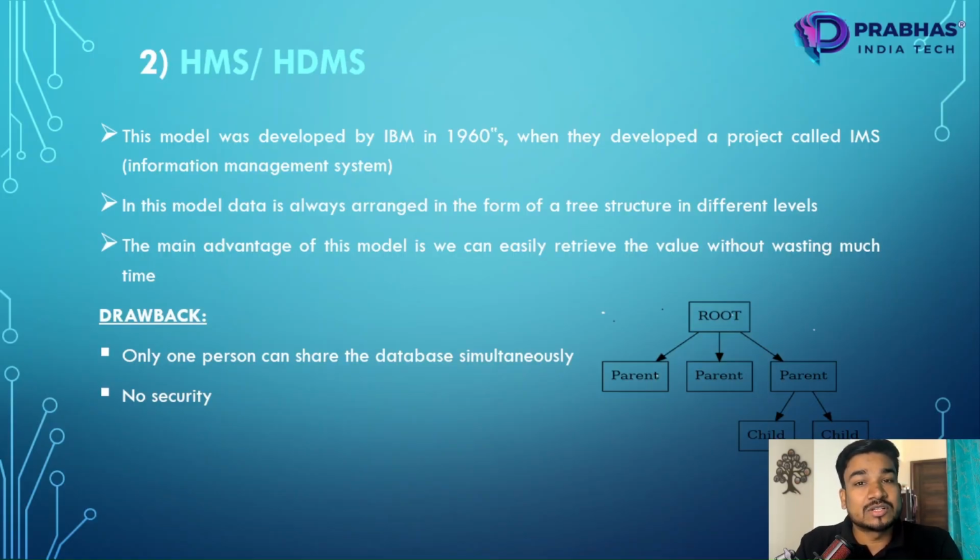It was developed in 1960, 10 years after the file management system. As I told, the drawback of FMS becomes an advantage here, meaning it will not scan the data from the beginning.